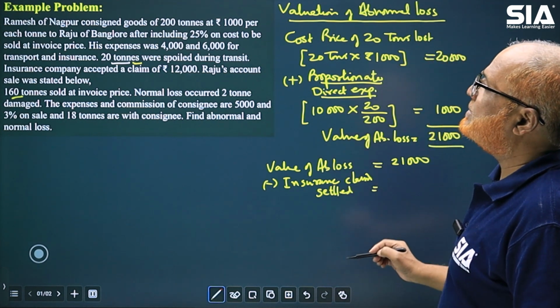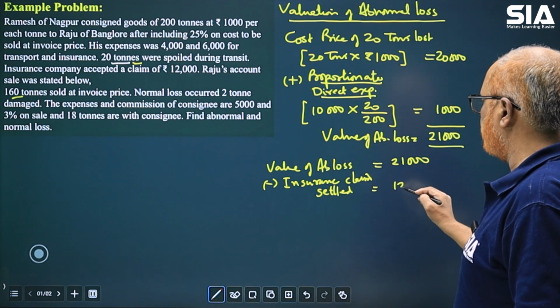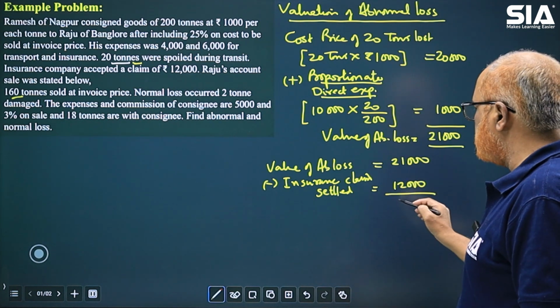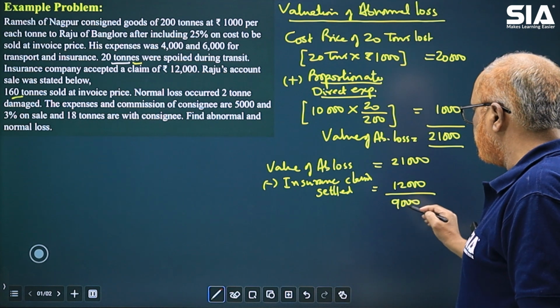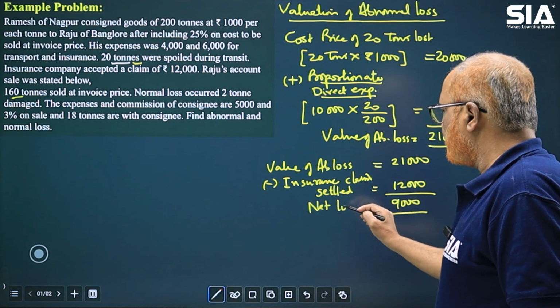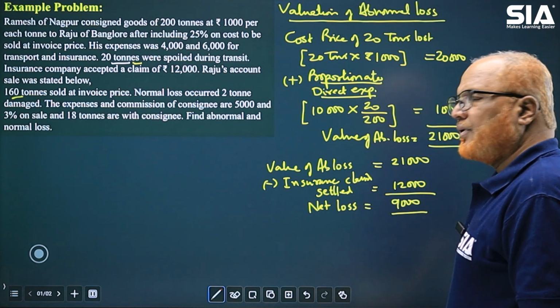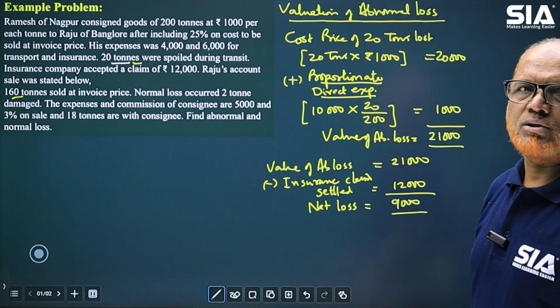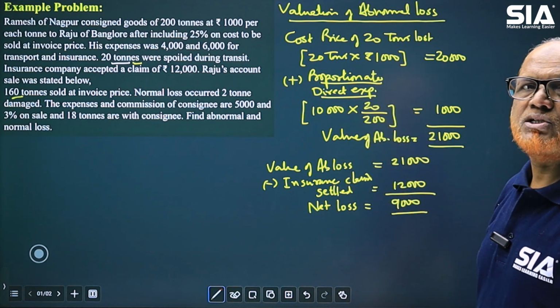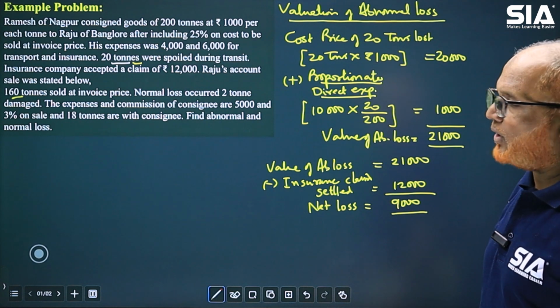How much insurance claim is settled? 12,000. So 21,000 minus 12,000 is 9,000. This is the net loss. It will be transferred to the profit and loss account. So in this method, we have to calculate the value of abnormal loss.